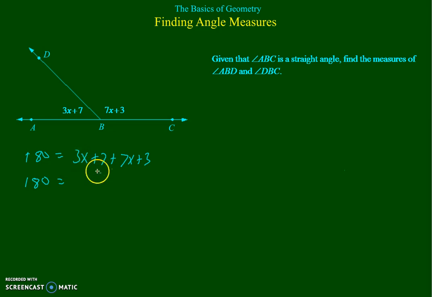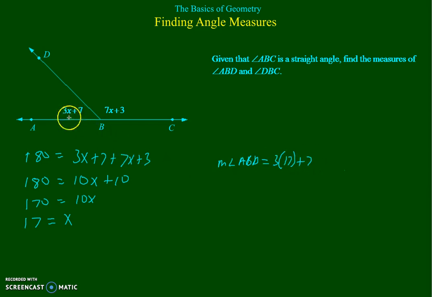180 equals 7 plus 3 is 10x. 7 plus 3 plus 10, that's nice and convenient. Subtract 10, so 170 equals 10x. Divide by 10, 17 equals x. So that makes the measure of angle ABD equal to 3 times 17 plus 7.